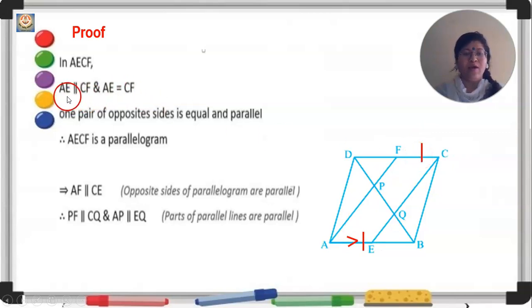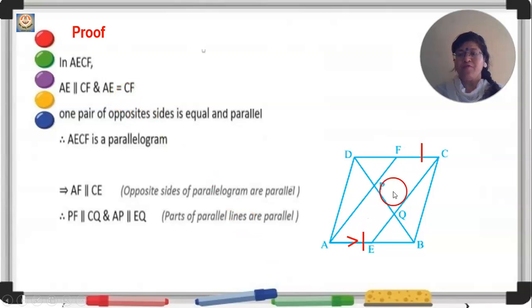Similarly, why would AE be parallel to CF? AB is parallel to CD. Therefore, part of AB, that is AE, will be parallel to part of DC, that is CF. So we have proved that in quadrilateral AECF, AE is parallel to CF and AE is equal to CF.